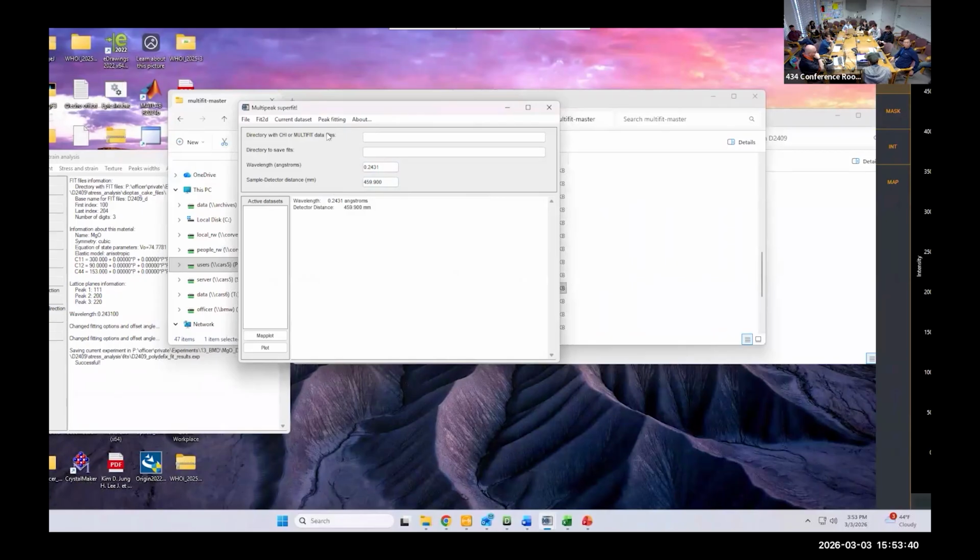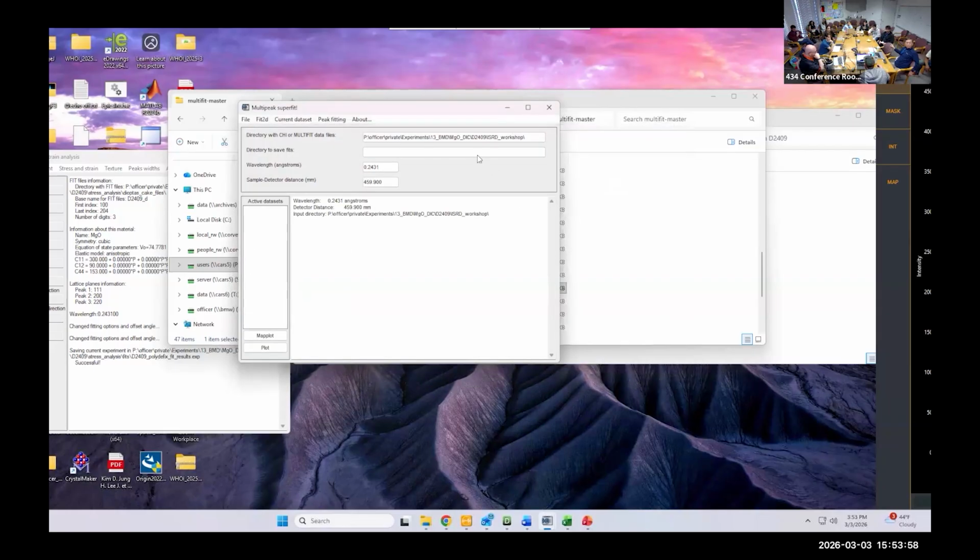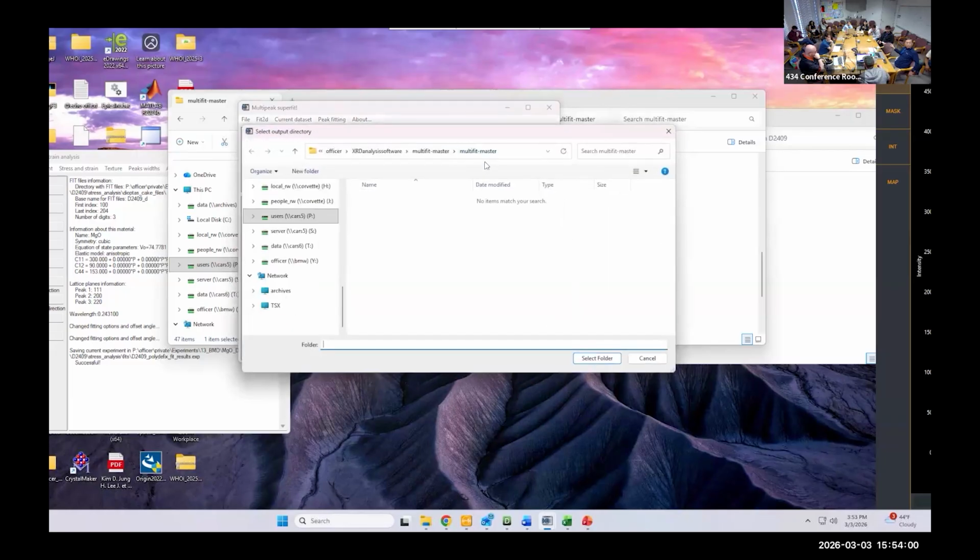And now we can put the directory with their files in it. And we'll just save everything in the same one.